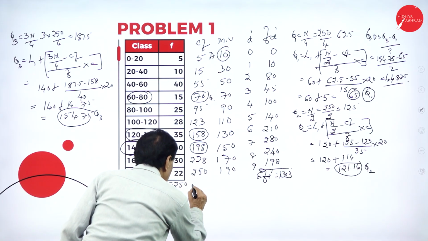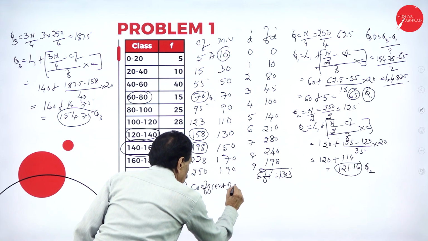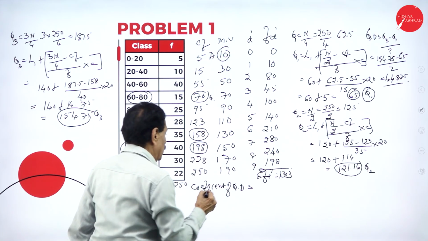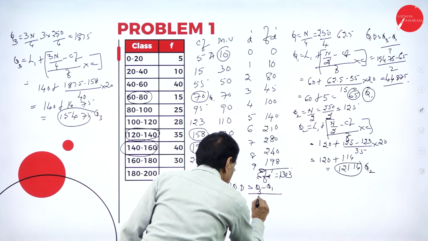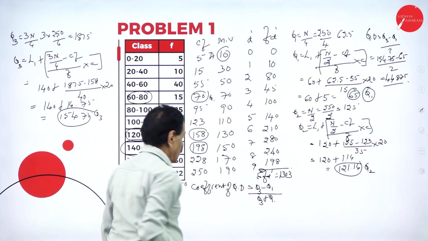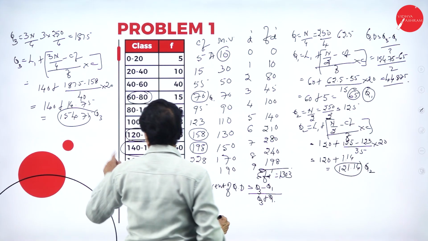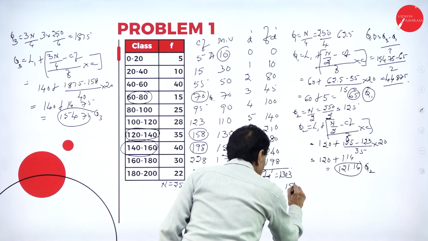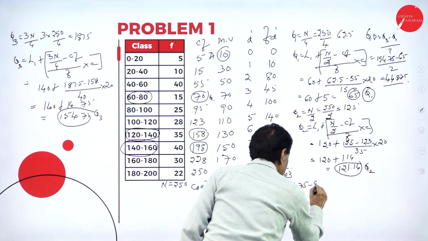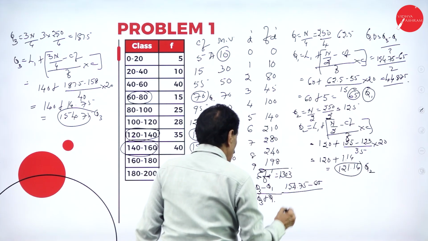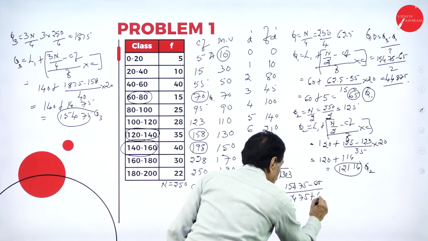Then coefficient of quartile deviation is Q3 minus Q1 divided by Q3 plus Q1. What is Q3? 154.75 minus 65, divided by 154.75 plus 65.